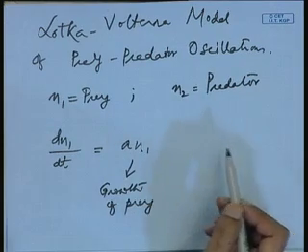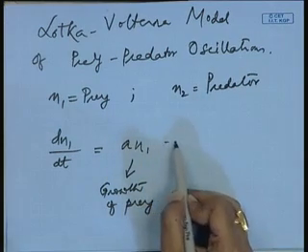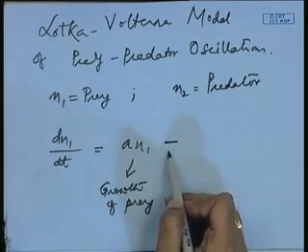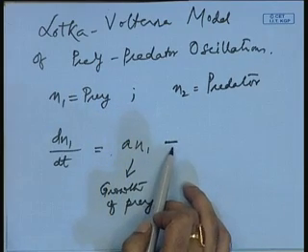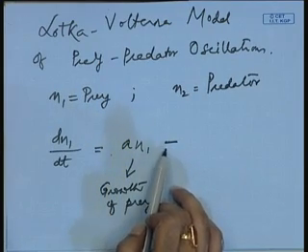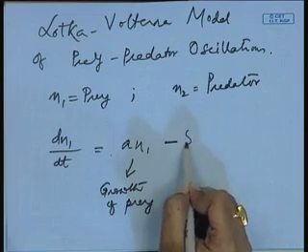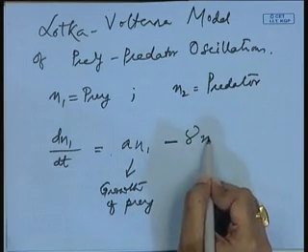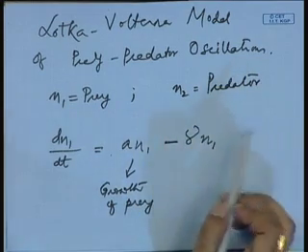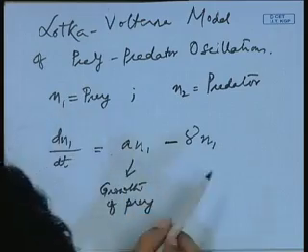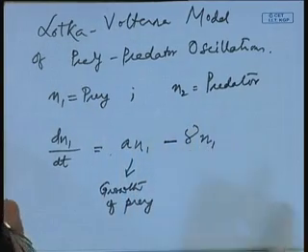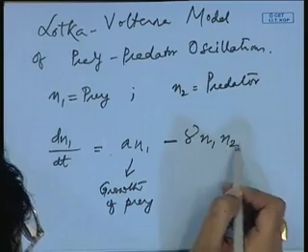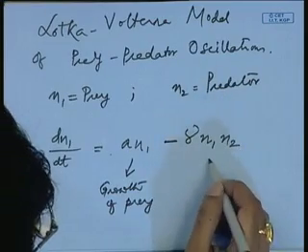Prey is growing by itself, and the death of the prey, so that's where the negative sign, because growth has a positive sign, is due to the predator, so it comes with a negative sign, and that is given by gamma, some constant, times N1. Why N1? Because the more prey there are, the possibility of more prey dying is of course more, and therefore it goes as N1 times N2. This one depends on the predator.